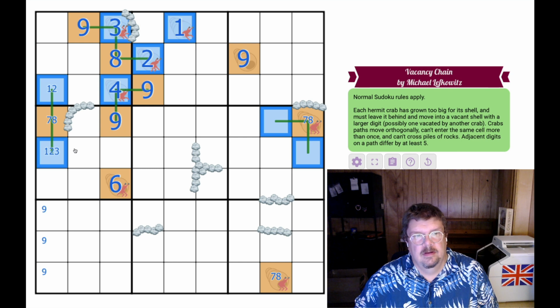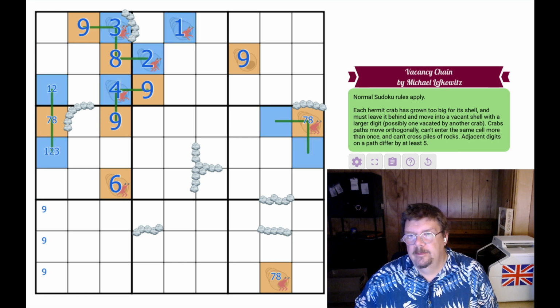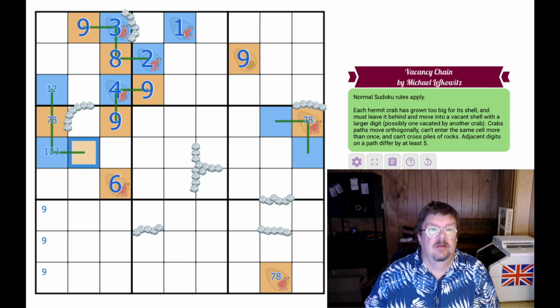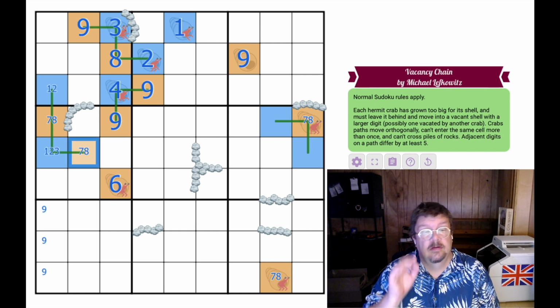The only way I can make the path and only use one more high digit, well, I can do that, and then I can go either way to there. So that is orange. That's high, and that is a 7 or an 8.